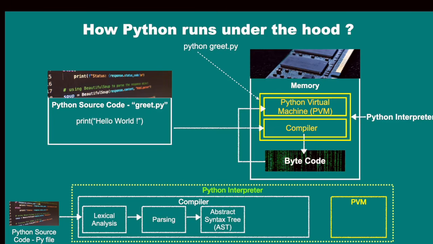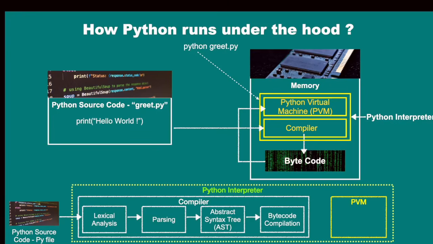The AST represents the hierarchical structure of the source code. Each node in the tree corresponds to a construct in the source code, for example expressions, statements, etc. Fourth is the bytecode compilation. The AST is traversed and a set of bytecode instructions is generated.